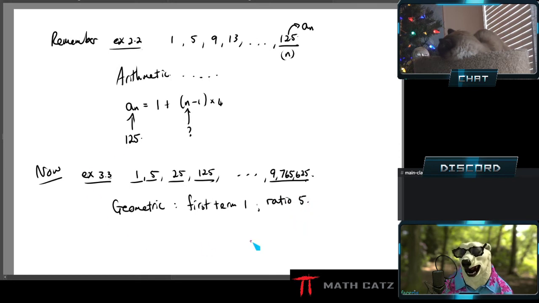Because I've identified it as a geometric sequence, I know its formulas. I can apply those formulas, the templates, to this specific sequence. So I know the explicit formula is an equals first term times ratio to the power of n minus 1.